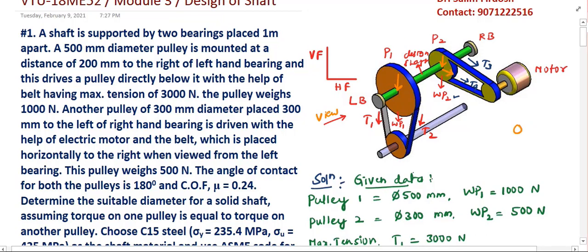So if the observer is standing in front of this shaft, these forces, that is T3 plus T4, are coming towards the observer. So please note, any force which is coming towards the observer will be drawn on the shaft, and any force which is going away from the observer is drawn upwards on the shaft.